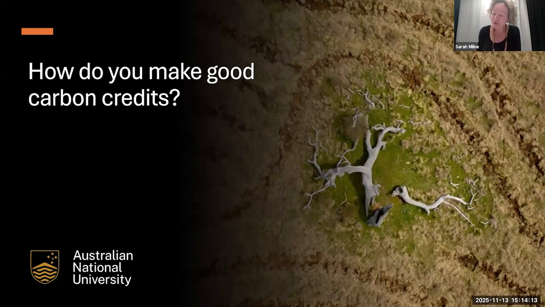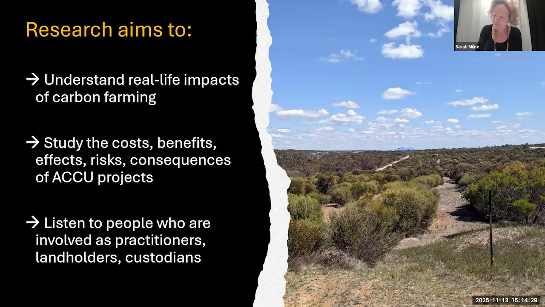This was our starting point for the research, and to delve into it, we did some empirical work on two widespread methods in Australia, one being human-induced regeneration and then the other being environmental plantings. So obviously the talk today is about environmental plantings. And what we aimed to do was to understand the real-life impacts of carbon farming.